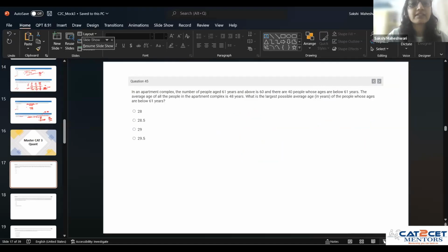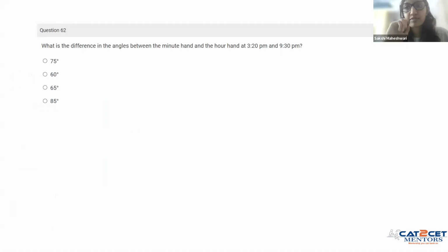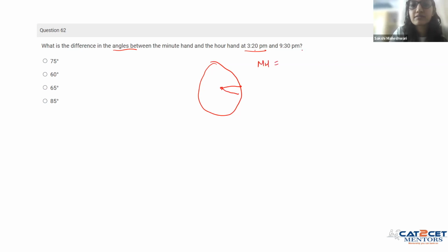Okay, difference in angles between minute hand and hour hand. Do you guys know how to calculate this angle? For example, at 3:20, the clock might look something like this. How much does the minute hand cover in 20 minutes? It will be one third of 360 degrees, so the minute hand covers 120.